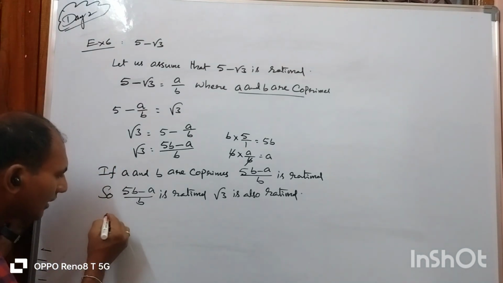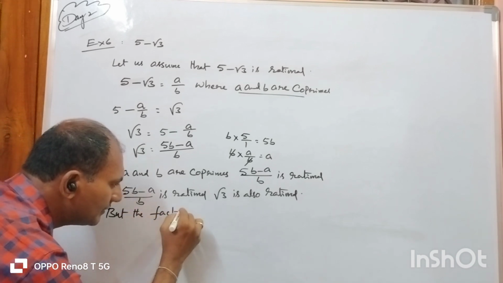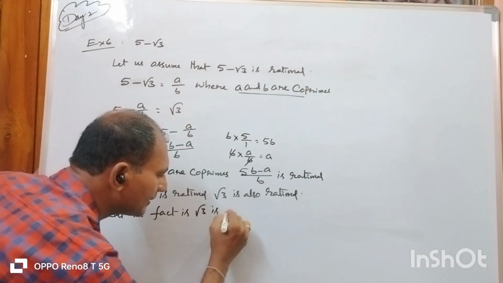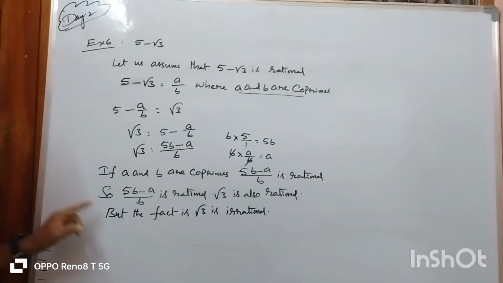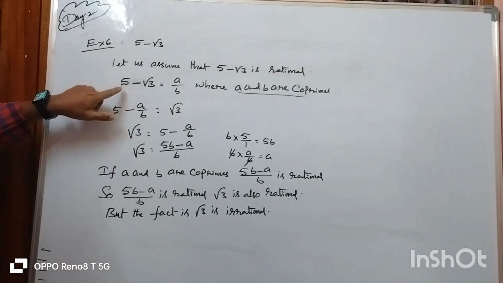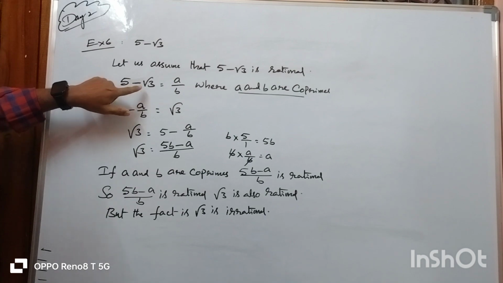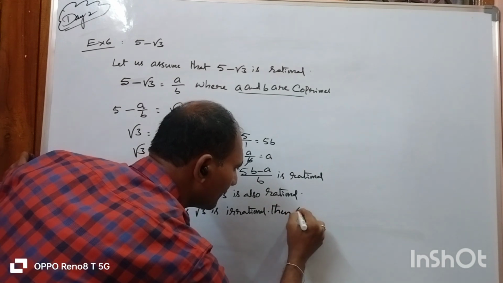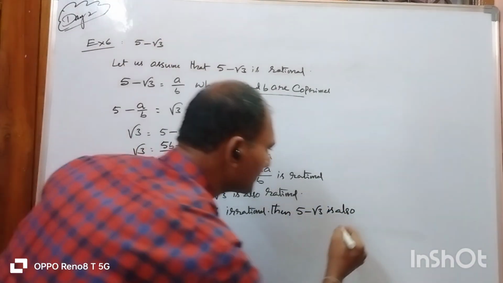So how can we write it? But the fact is root 3 is irrational. If root 3 is irrational, then the entire 5 minus root 3 is also irrational.